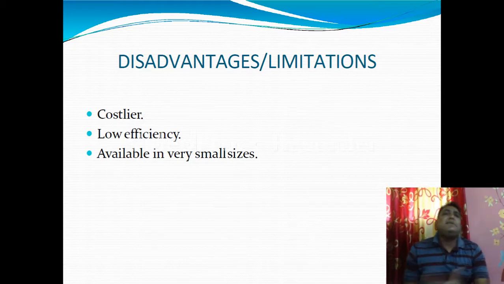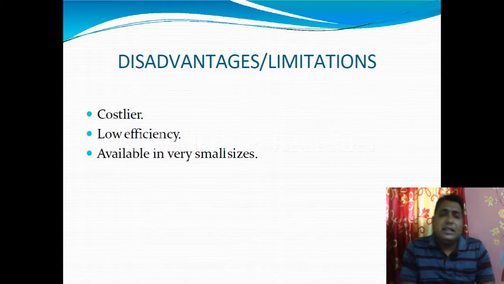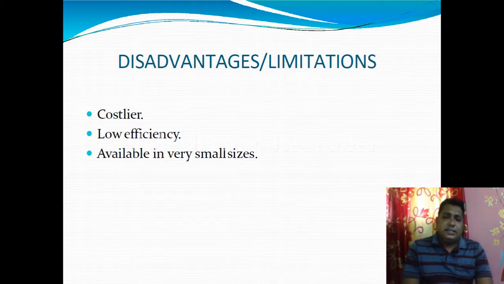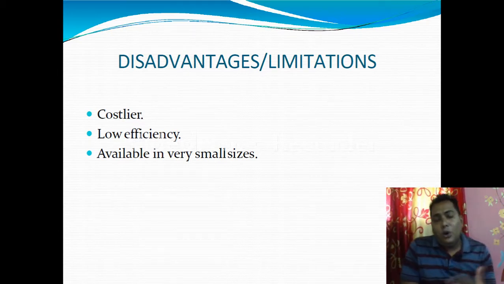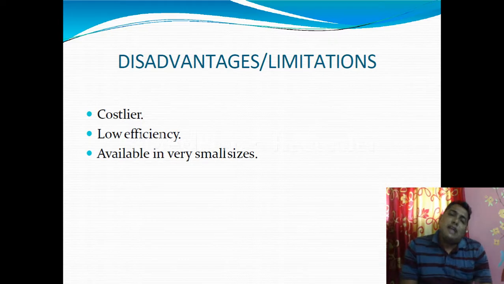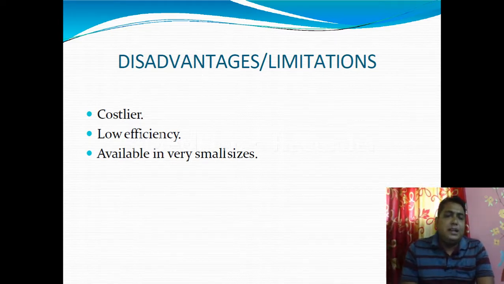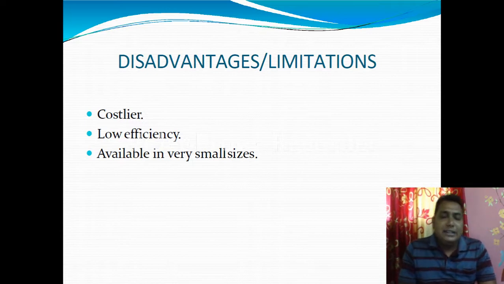That means the efficiency of the machine decreases. But this kind of machine is still widely used all over the world due to some advantages. What are they? Already discussed: noiseless operation, and we can run at a constant speed.